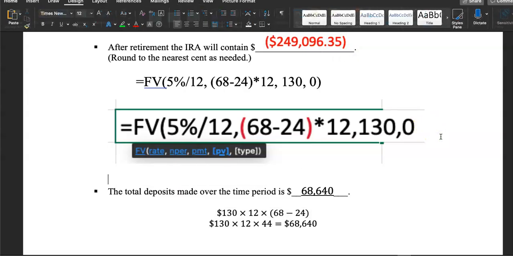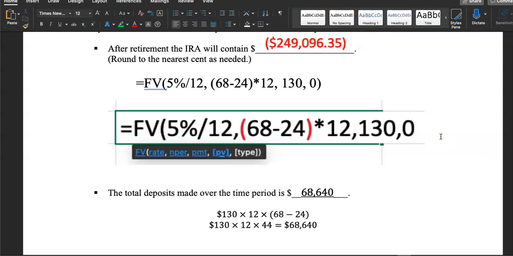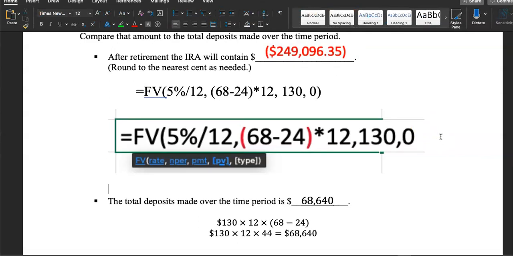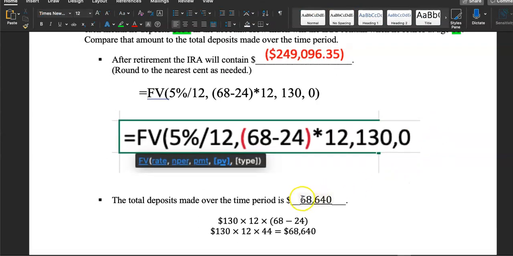And let's talk about how amazing this is. The money that this person is actually paying out of pocket is $68,640. That's it. If he's just putting $130 into his piggy bank or in his backyard without earning any interest, that's the amount of money he's going to have when he's 68.